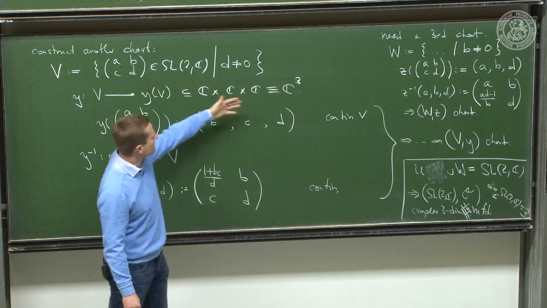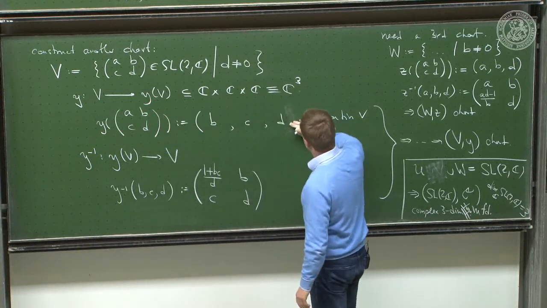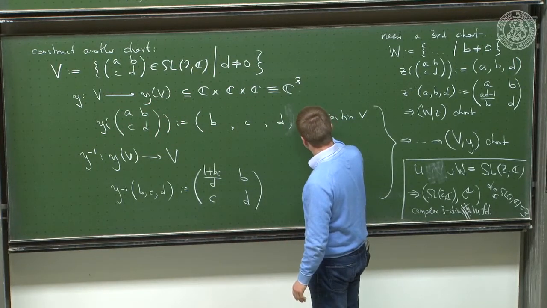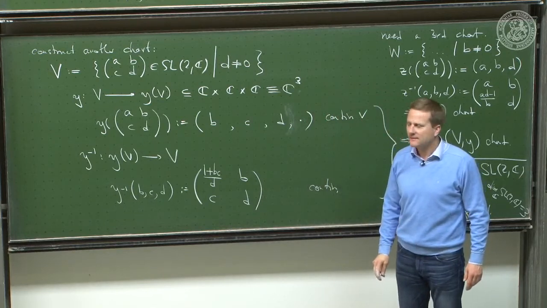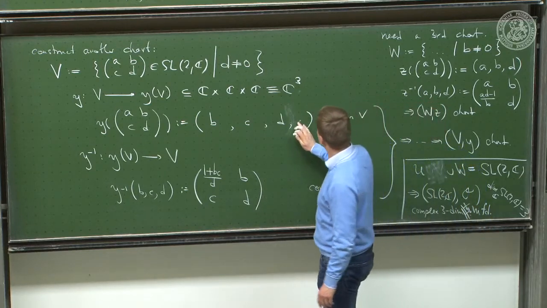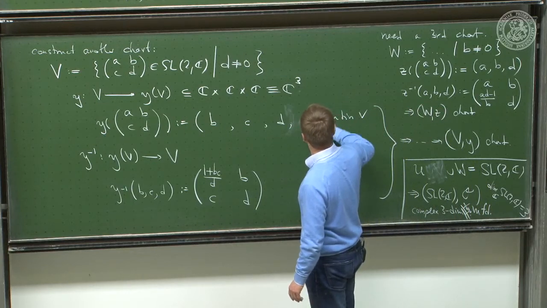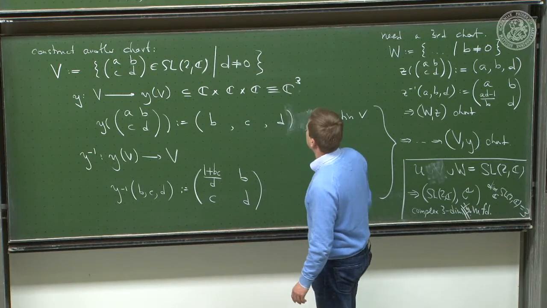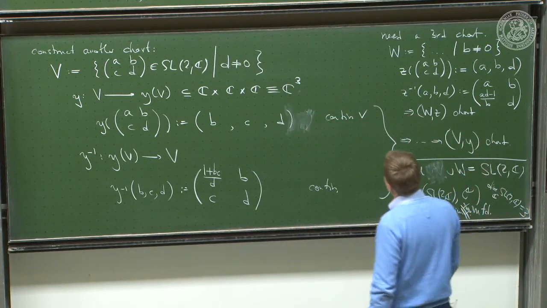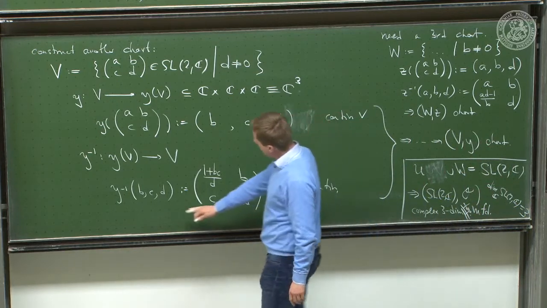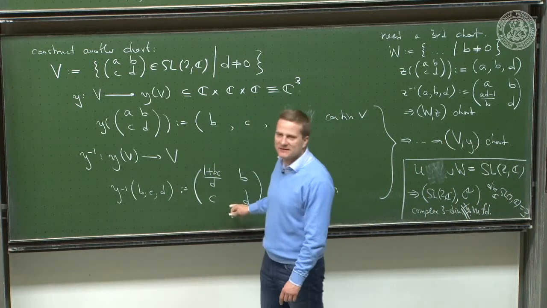Yeah, that would be very silly. But then you would have to have an additional entry here, right? If you didn't notice that you could use the condition to kill one of the coordinates. Yeah, but it's not so simple, because if you do this, this map, and you go back, you get more than SL2C.